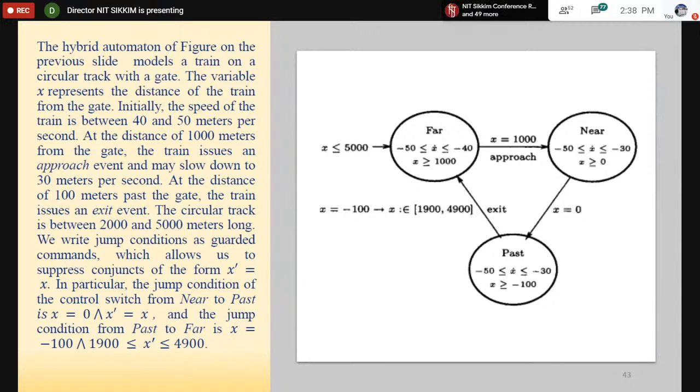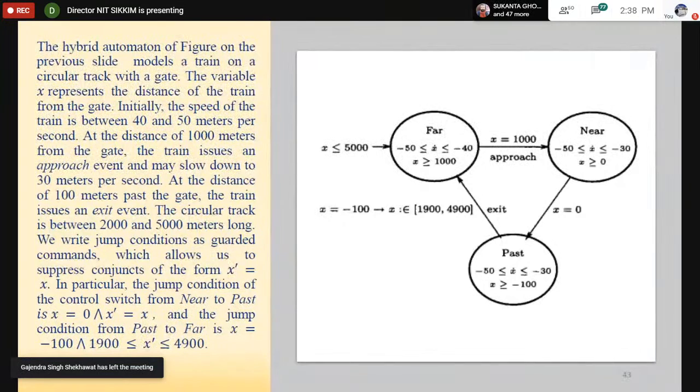Finally, when the distance becomes 0, the gate must be closed at that time, and then when the train passes the gate, the speed should rise, and then the exit command should be given, and the train is again in the far state. So this is some sort of an abstraction for the train operation.